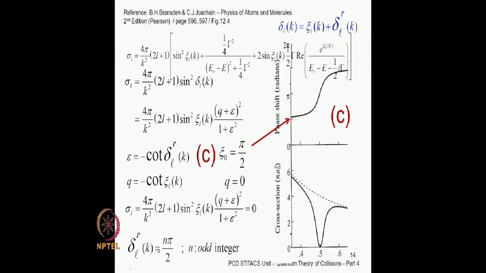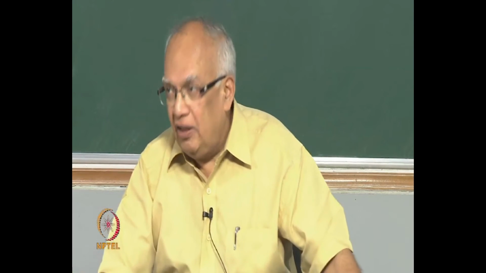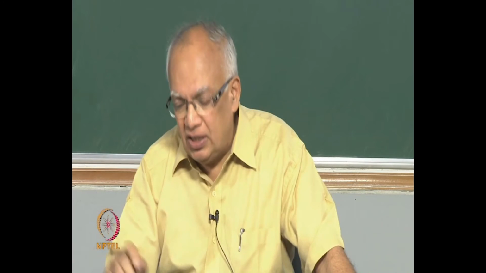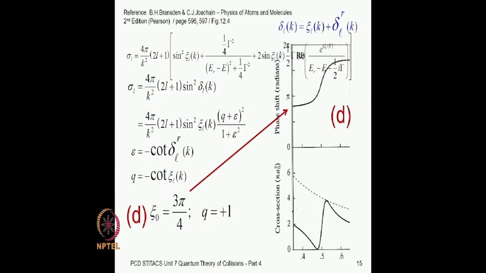Okay, we have seen that in our previous discussion. So what does it mean? You get a scattering cross section which actually goes to 0, and this resonance is often called a window resonance, because as you can see, you get a window-like behavior, a window-like shape in the scattering cross section. So this is often referred to as a window resonance.